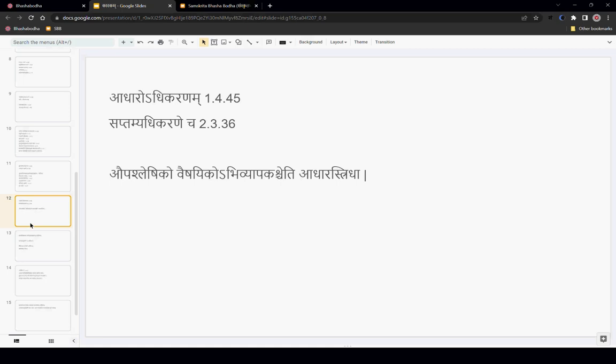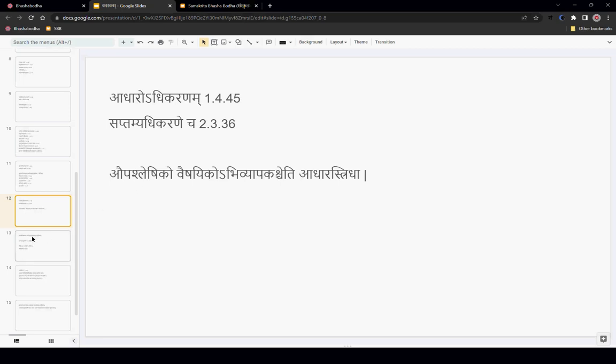Patre annam pachati: annam pachati kasmin, patre. So annam here is the karma padam, and that patra is the adhara of that karma.